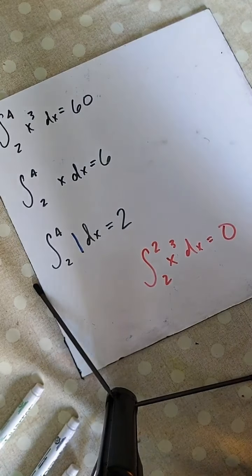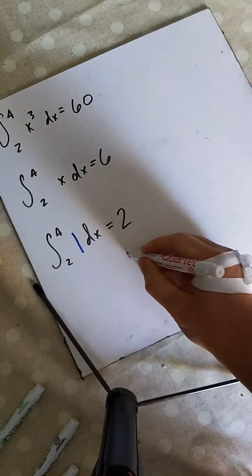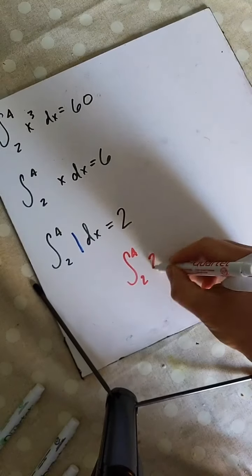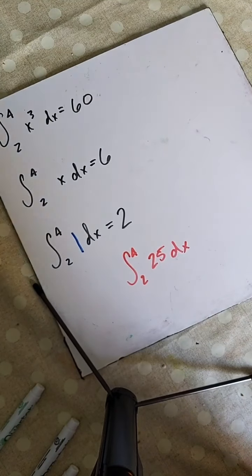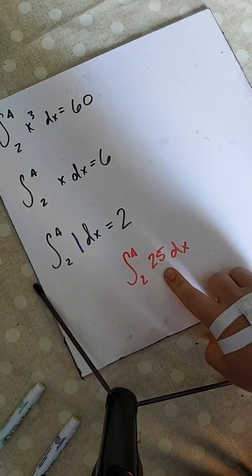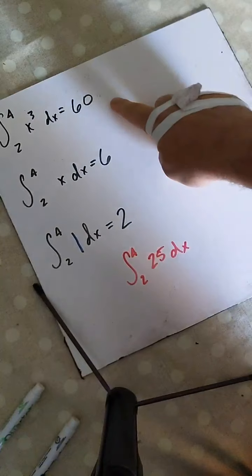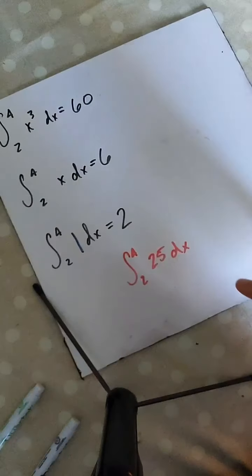Okay. Next problem. All right, the integral from 2 to 4 of 25 dx. Okay, so we're going to use these answers up here to help us out. Notice the 25 doesn't have any x's, so we're not going to use the x cubed, we're not going to use the x. We're actually going to use the 1.